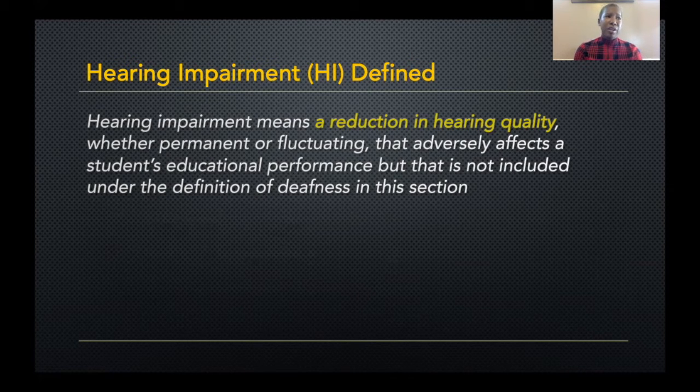Because when we talk about hearing impairment, we're talking about the degree to which a person can hear. So it might be mild to moderate, while when we talk about deafness, we're talking about something a little more profound, severe to profound, where the person in question may have lost hearing completely. So that's really the difference.